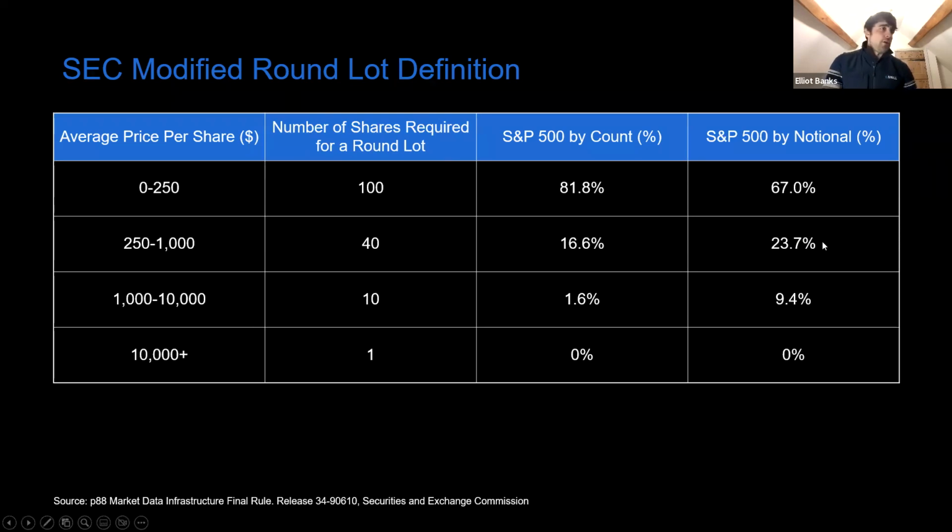And you can actually see, this is as of March 2023, so the numbers have probably changed slightly, especially since the autumn corrections on equities. But you can see roughly a third of the S&P 500 on a notional basis in terms of how much is traded would be in sizes of tick that are not 100, so they'd be 40 or 10.